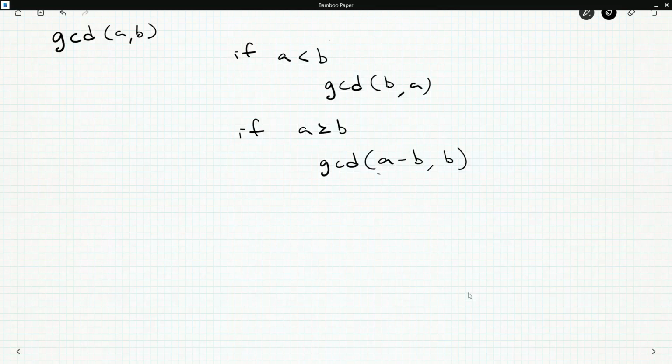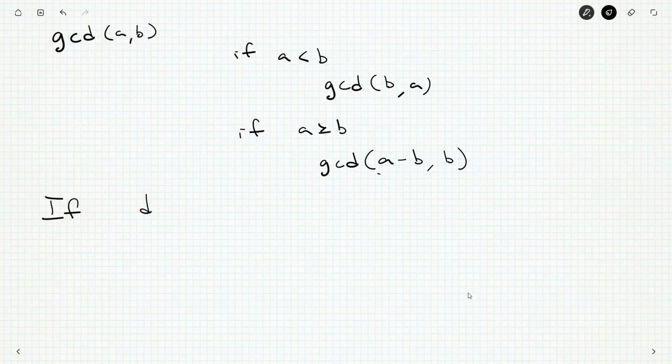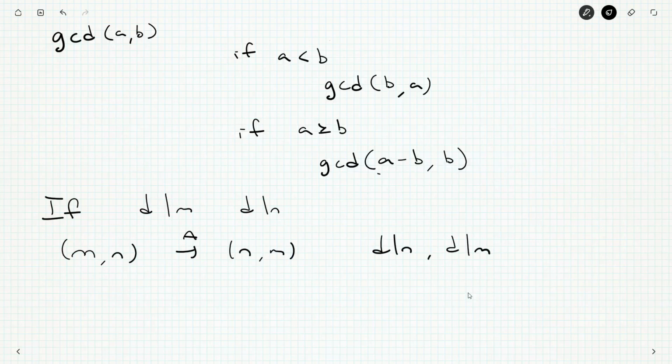So if we just go back to our notepad, suppose I have a number d, and it divides m, and d divides n. Then if I put this into machine A, I'll get an n and an m, and d still divides both of those. If I put m and n into B, I get m plus 3n and n.